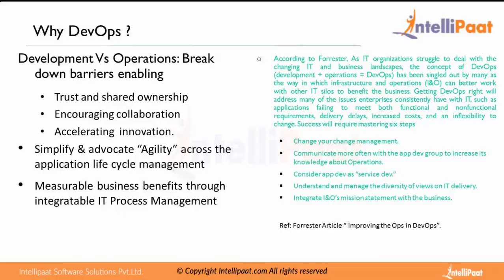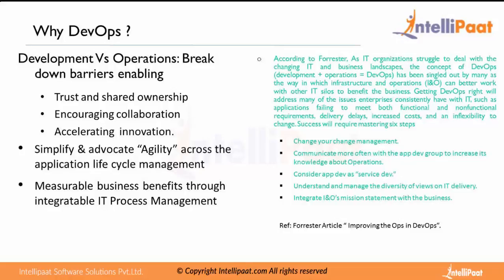Having these processes or concepts in place means understanding each other's work areas and pain points, the dev team to the ops team and vice versa. It increases trust and shared ownership, and DevOps encourages collaboration.